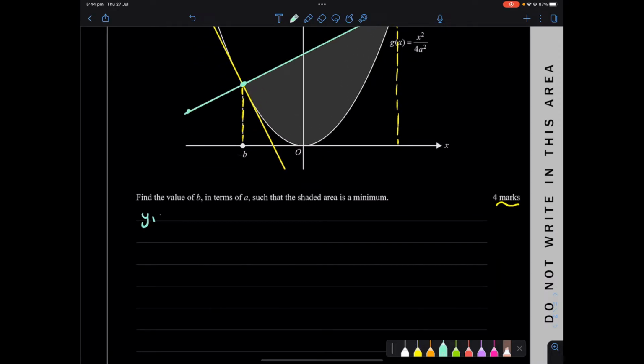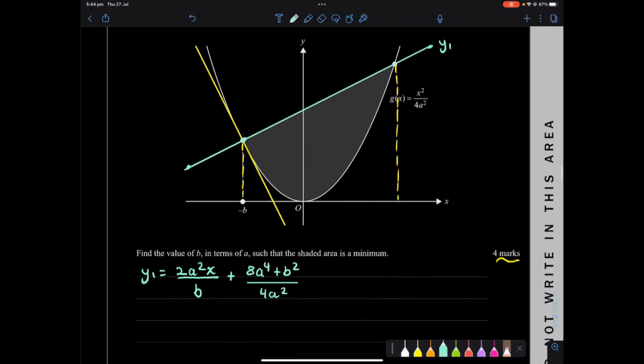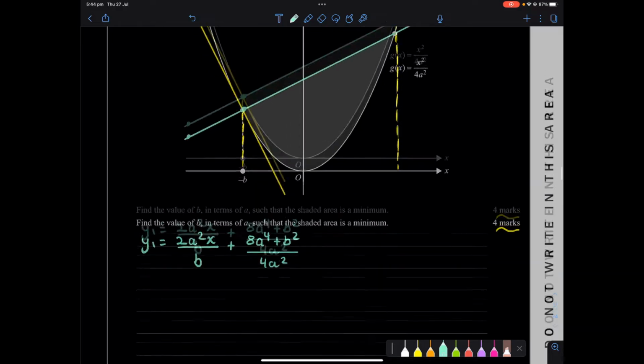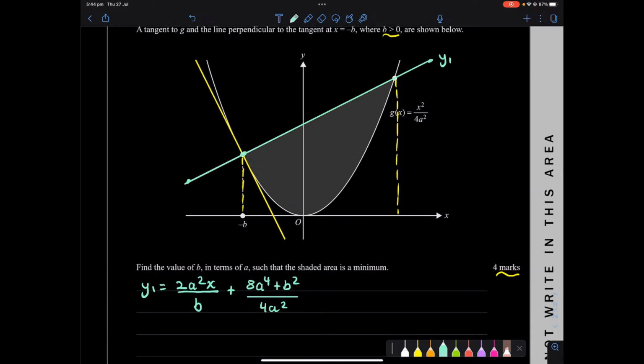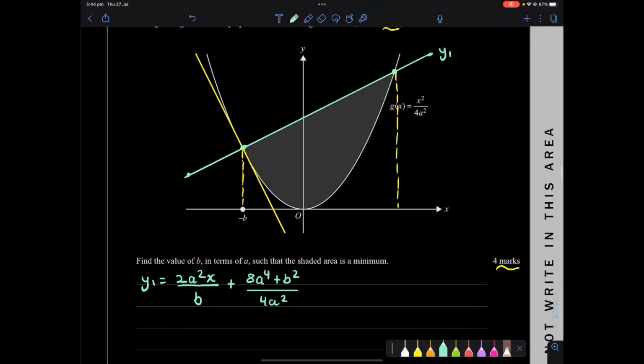So y1 is equal to 2a squared x over b plus 8a to the power 4 plus b squared over 4a squared. And again, we can equate them to find the value of the intersection to get this value over here.